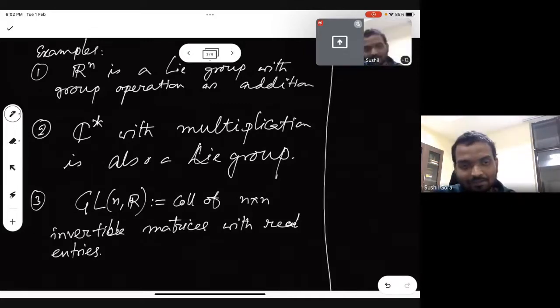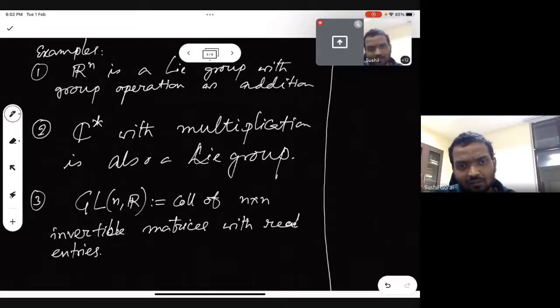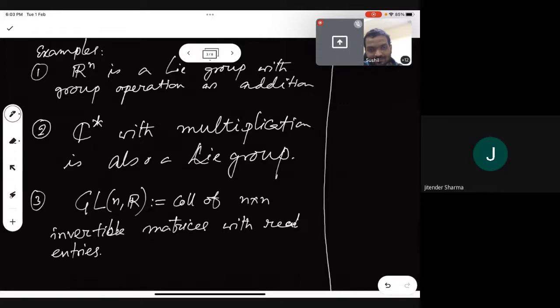After that, you are not considering all the matrices, right? This is an open set in Rn square.